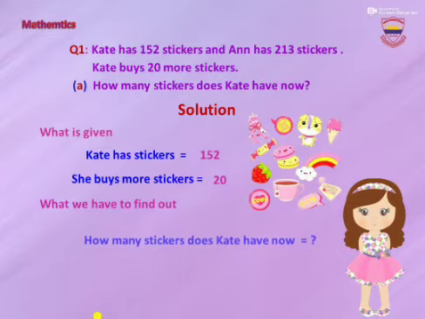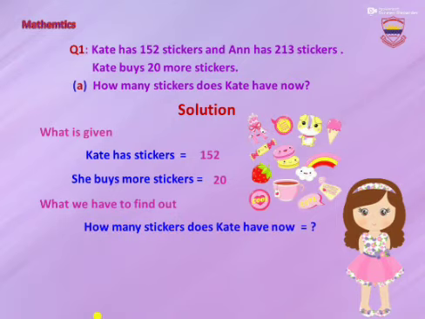In this sum, we have to find out how many stickers Kate has now. We have to know the total quantity of Kate's stickers. So, when we have to find the total quantity of things, do you know which operation we do?